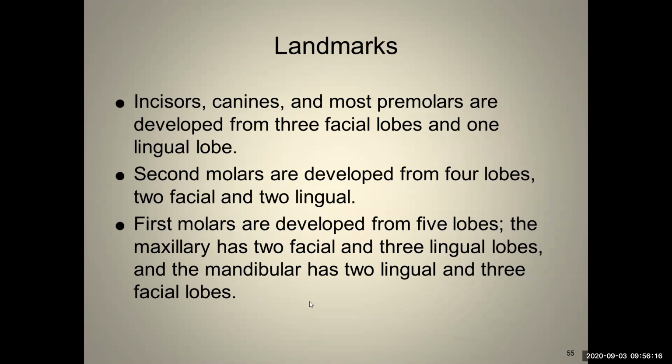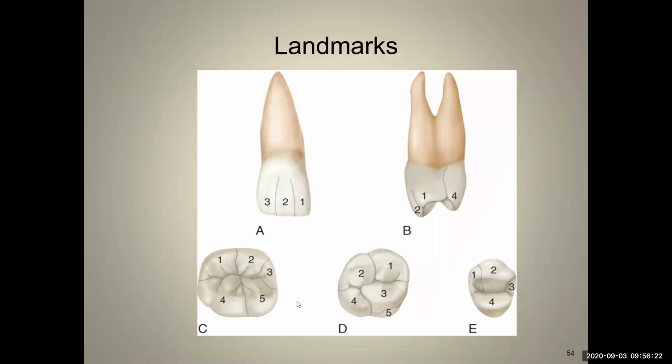Incisors, yeah. I just have a quick question on the molar. The lobes don't go in a pathway like one, two, three, four, five. How can we classify the lobes? Well, they're just numbering. Number one is always the mesial portion of the tooth, for example, and then number two is the distal portion, and then they come back.